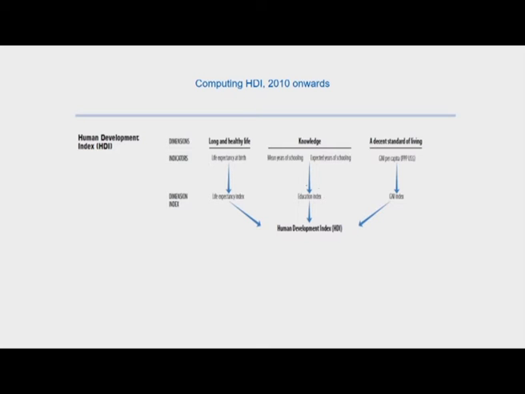This education index was also constructed by taking a geometric mean average of both of these indicators, and then a decent standard of living. This also changed from a product calculation to an income calculation.